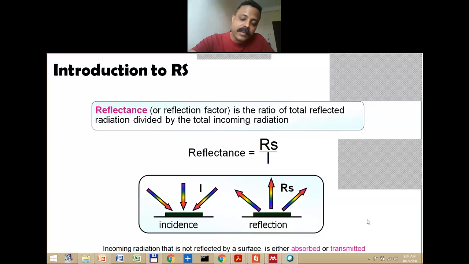On the other hand, if you see something in white color, it means most of the energy that is incident on this particular object is being reflected back. Or the other way of saying it is, this object has a higher reflectance than this object.